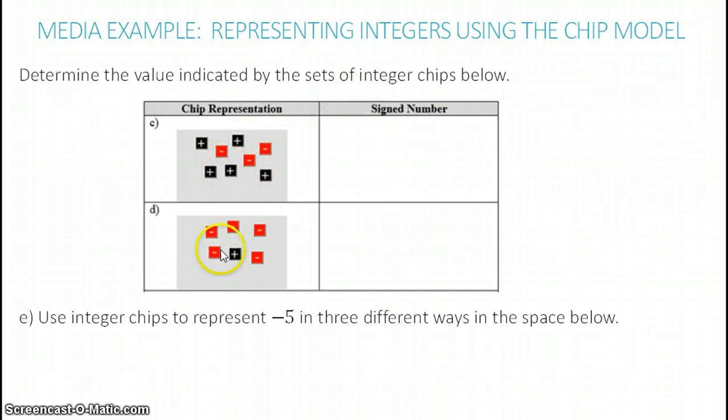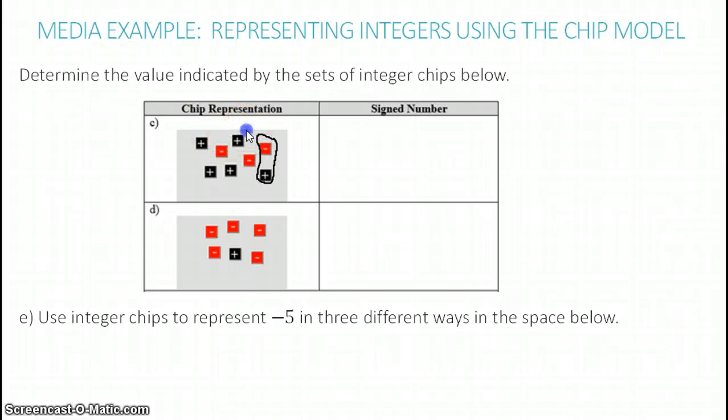Now we have some examples that have both positive and negative chips. So we're going to need to use the idea that one negative and one positive combined equals 0. So let's use our pen to circle some of these negative and positive pairs. So this is equal to 0, and I'm going to circle as many pairs as I can.